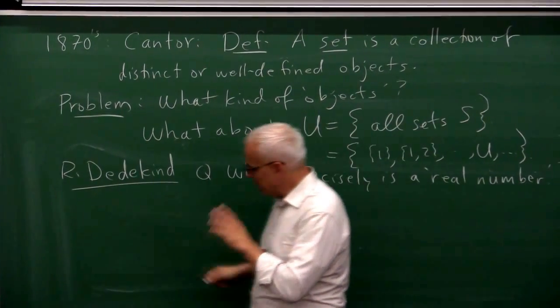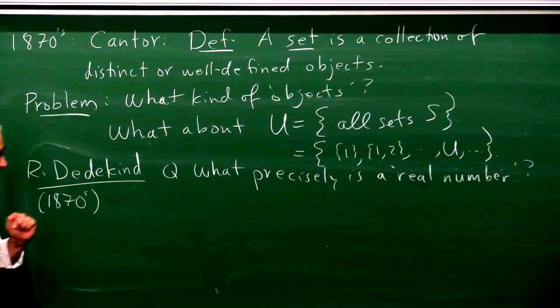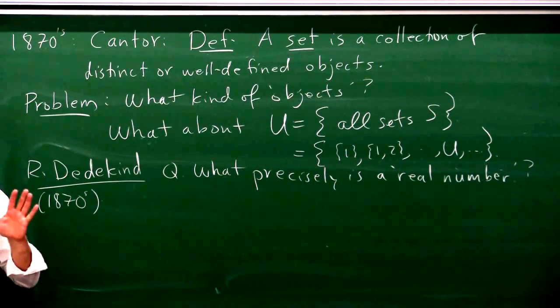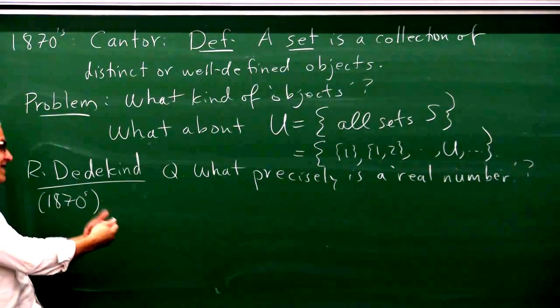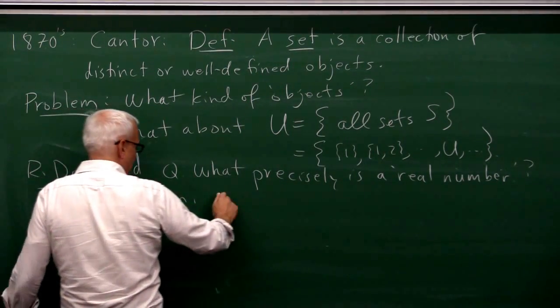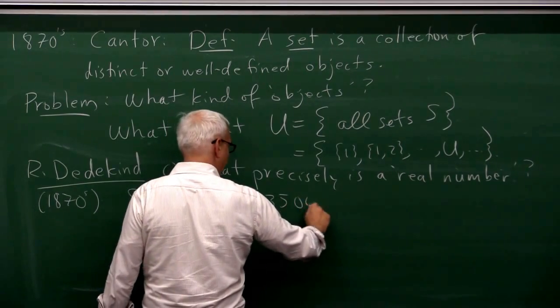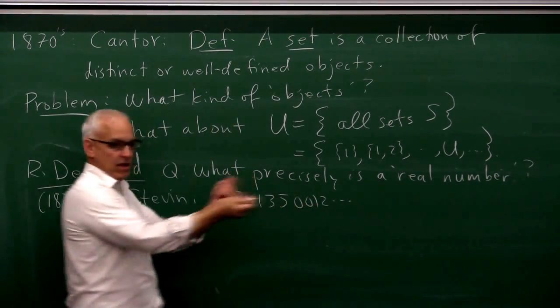And this was also around the same time, in the 1870s. And of course, people had been working with real numbers in some sense. People had been working with Stevin's idea, going back to the 17th century, that a real number was something like 47.1350012, and then some decimal expansion.